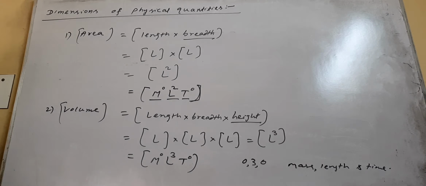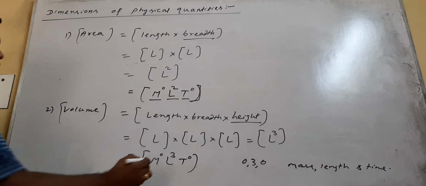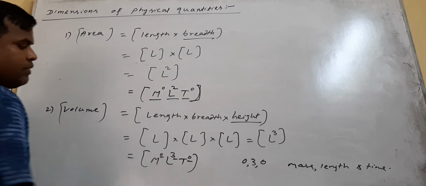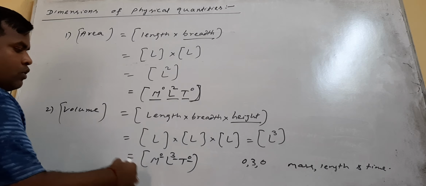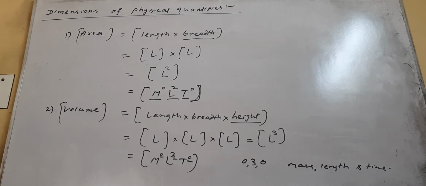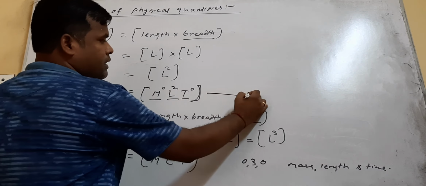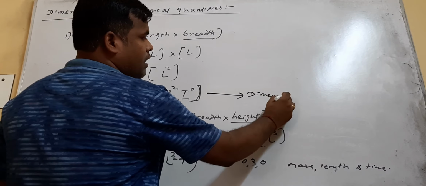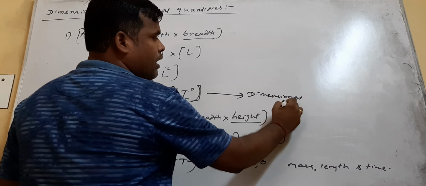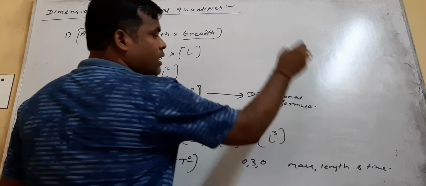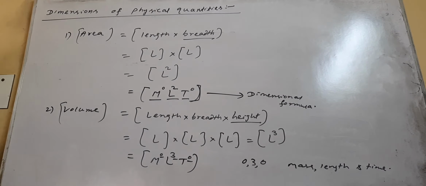You remember, the powers are the dimensions, and the whole square bracket is the dimensional formula. What is the dimensional formula?